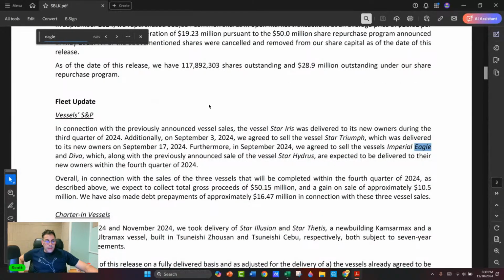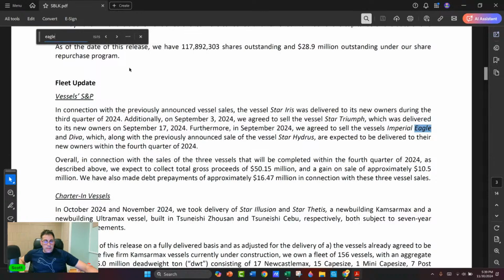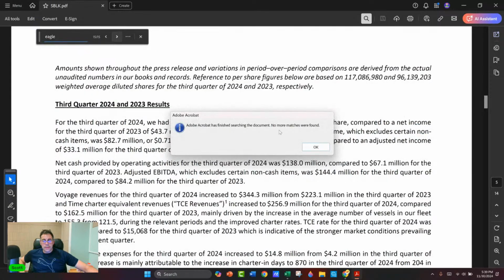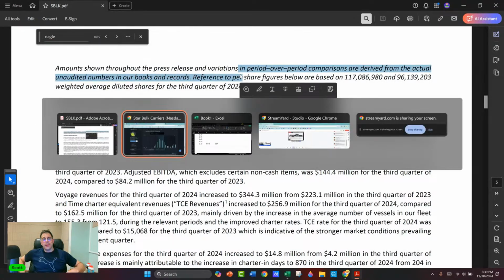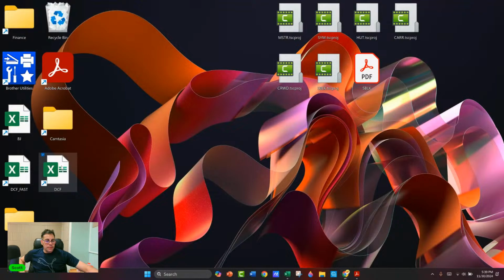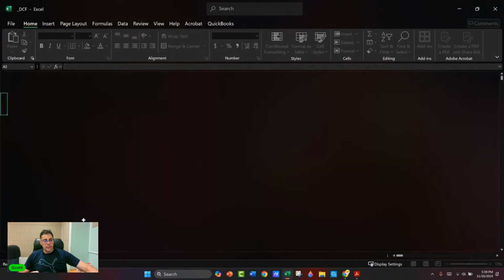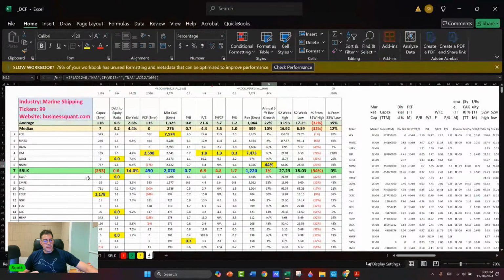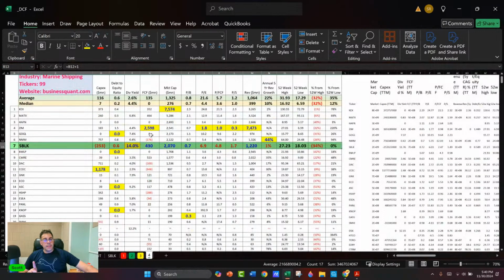I think they're like the fourth biggest, maybe sixth biggest marine shipping company now. Seventh biggest. I mean, still a pretty small company, 2 billion market cap. Zim is moving up. They're 2.5 billion now.